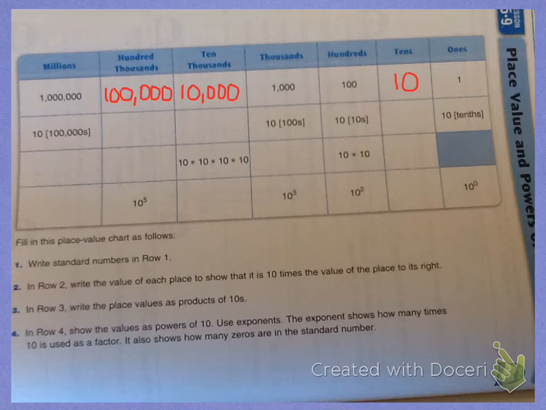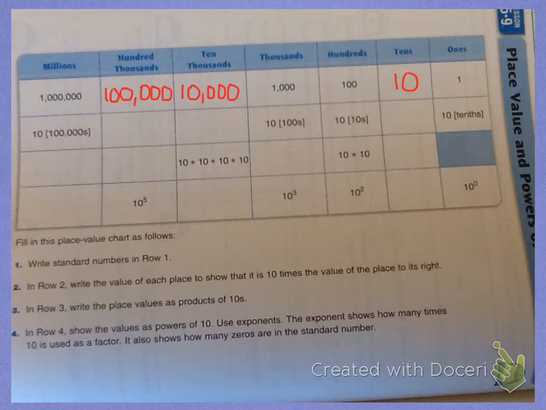Now if we look at number 2 at the bottom, it says in row 2 write the value of each place to show that it is 10 times the value of the place to its right. So when we look in the millions column for that second row, notice that they wrote 10 100,000s.